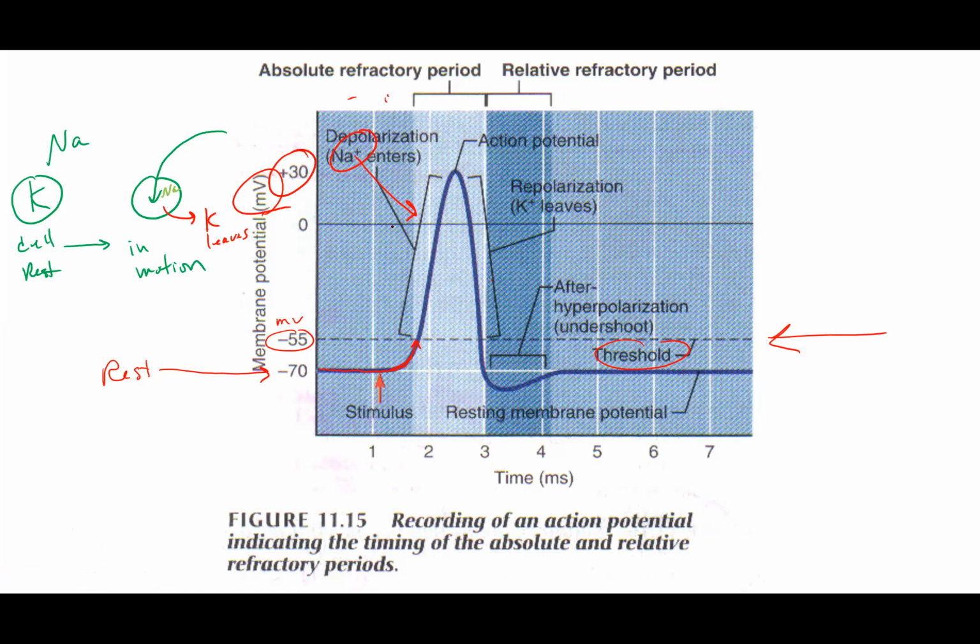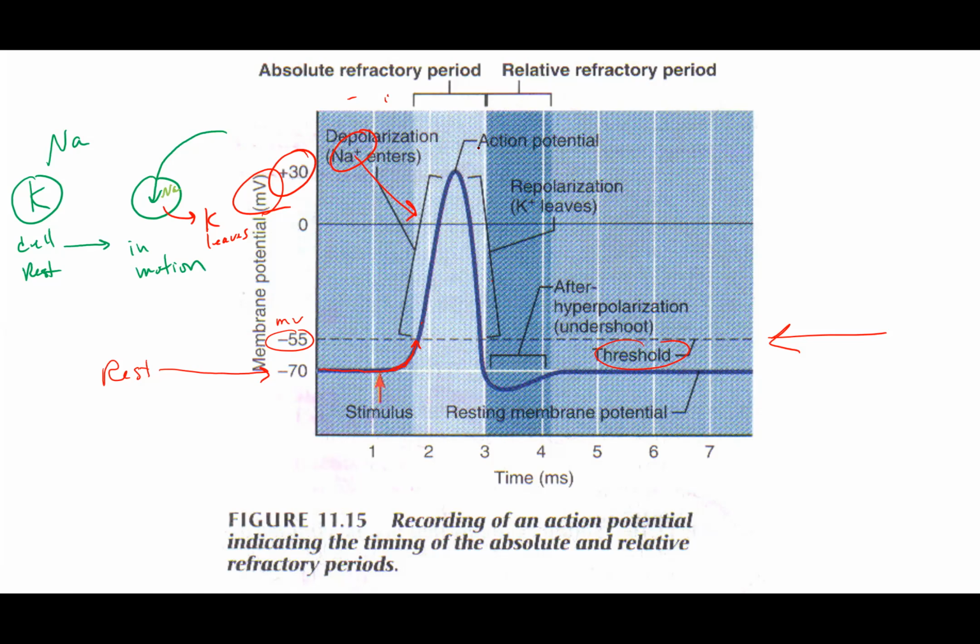Once it reaches its peak, that's the complete action potential part. So the electricity comes up, hits where it needs to be. The graph can only go so high because of the electrical input. Once you reach that peak part, that's considered the action potential.